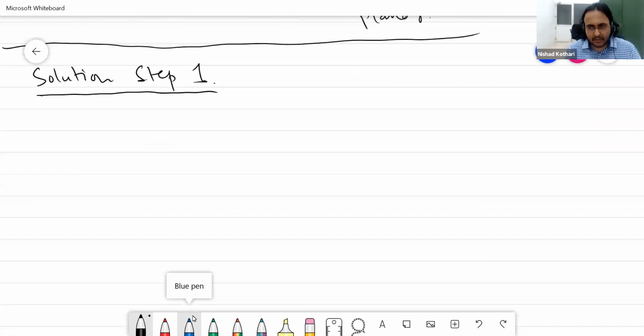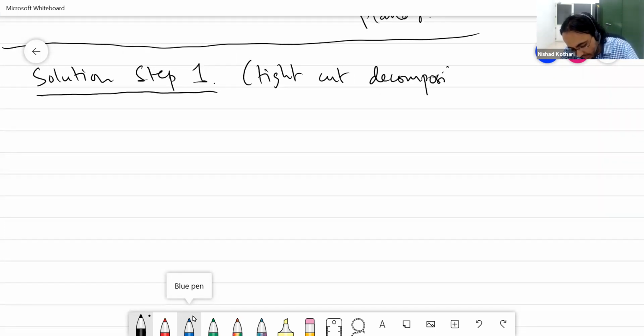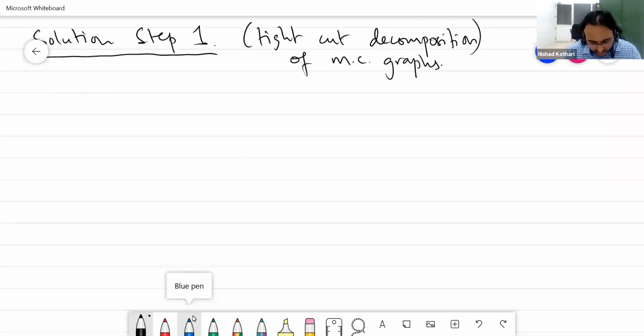So there is an important concept in matching covered graphs called the tight cut decomposition. And if you have the handout that Gaurav has circulated, then you can take a look at that handout now or later. I will very quickly tell you about the tight cut decomposition by an example, and I will not write down all the formal definitions.